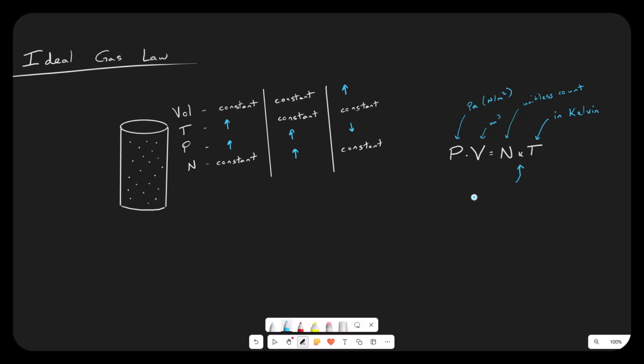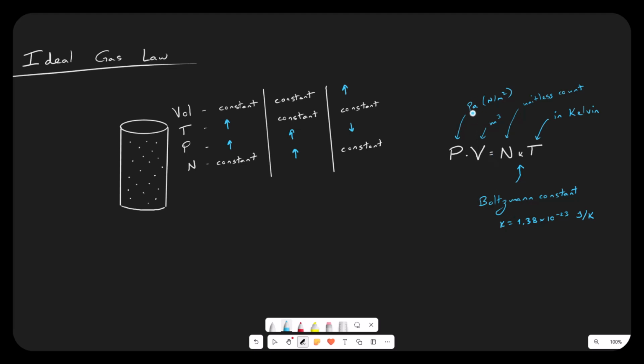This k is something called the Boltzmann constant. And it has a value of 1.38 times 10 to the negative 23rd, and that is joules per Kelvin.